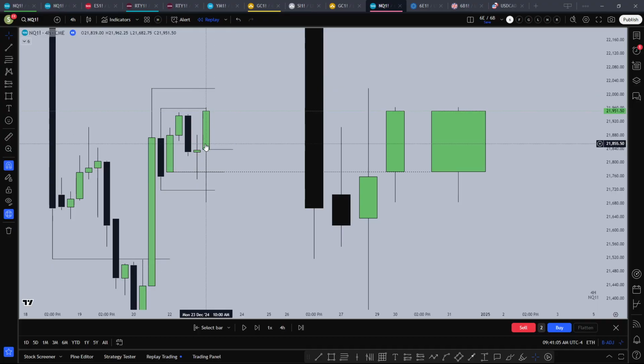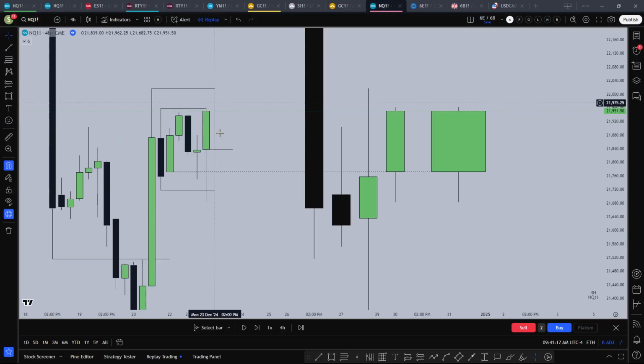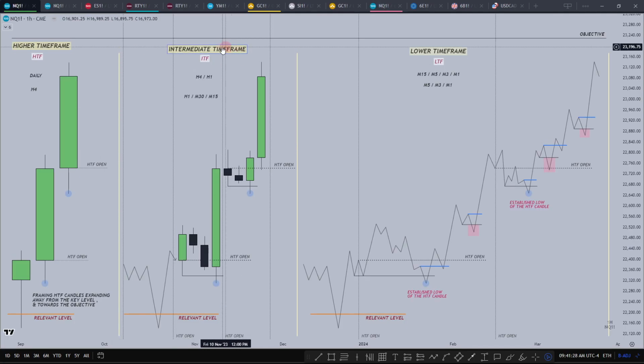I won't go on to the lower time frames. I am telling you again and again, because I have given too many examples for framing lower time frame MMXL. So this higher time frame aligned with intermediate time frame was clear. What did I frame here? Daily candle, daily as my high time frame. How did I frame it? Using H4 and H1 as the intermediate time frame.